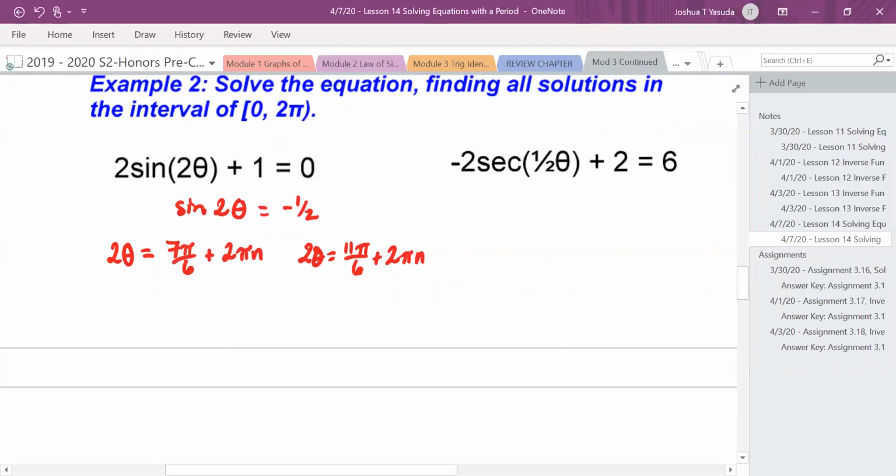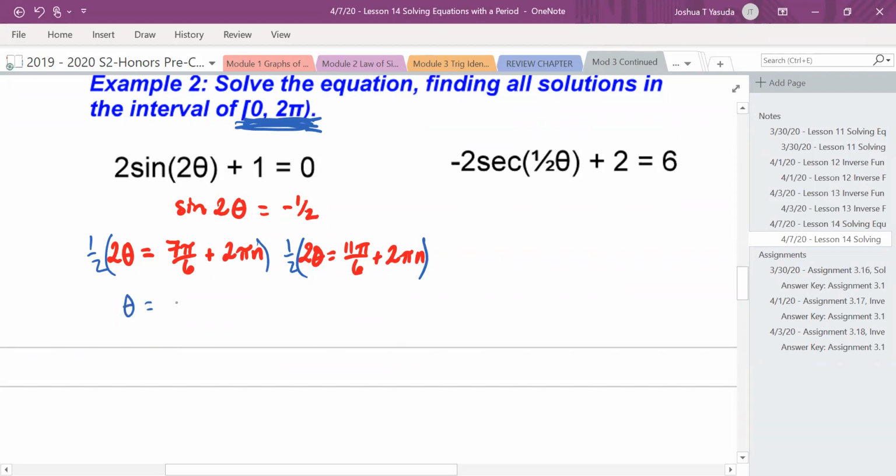Okay. And then we're just going to solve for theta. And after we solve for theta, we're going to have to actually find answers now because it says find all of them from 0 to 2 pi. So I'll multiply by 1/2, multiply by 1/2. I get theta. Whoa, whoa, whoa. Settle down.